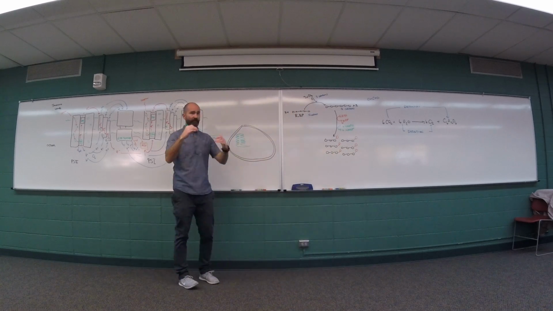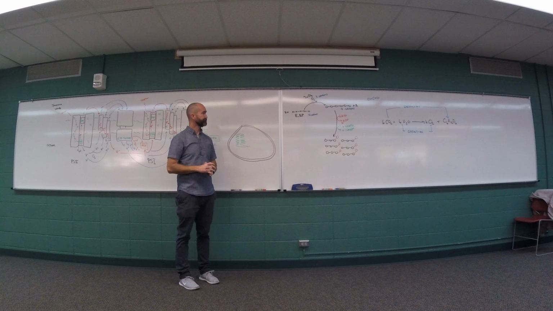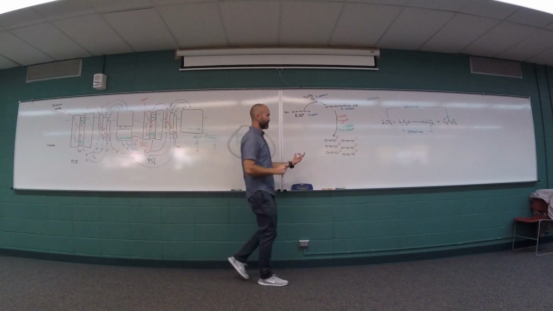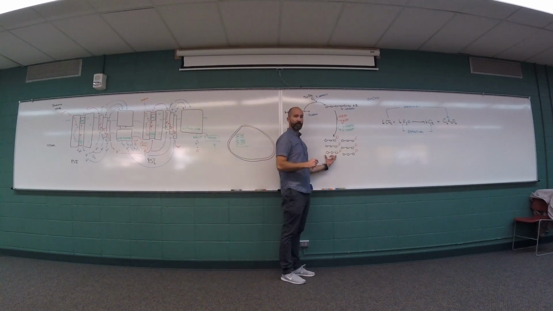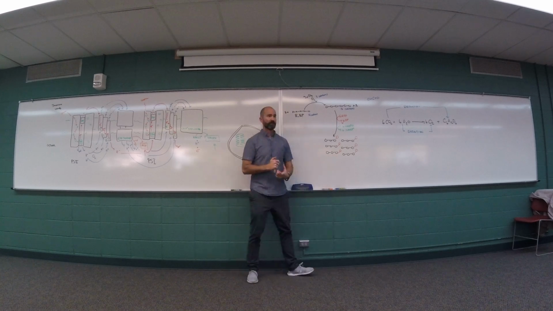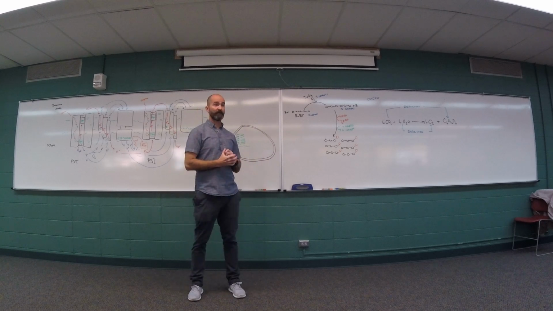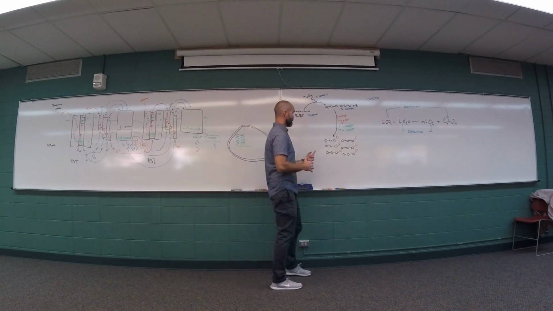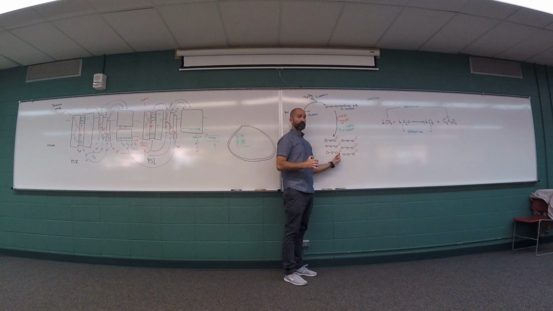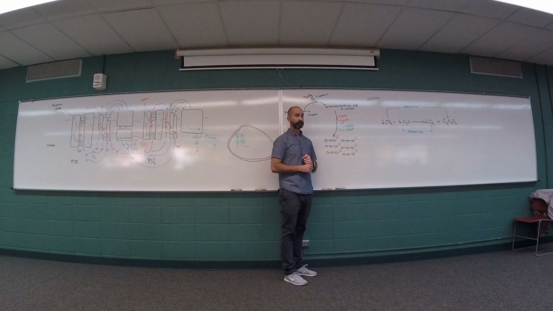And those are just dropping off electrons, right? Do you guys remember what the name of this molecule is? This 3-carbon intermediate? Yeah, it's G3P, glyceraldehyde 3-phosphate, and those phosphates are coming from our ATP molecules.